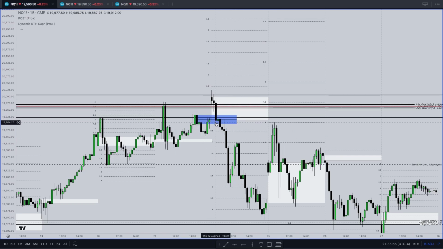Once I saw that we closed above the 50%, I looked for an imbalance in lower time frames, and we reached also this new week opening gap, and I took this short, took all my position below these lows because we reached the event horizon here.